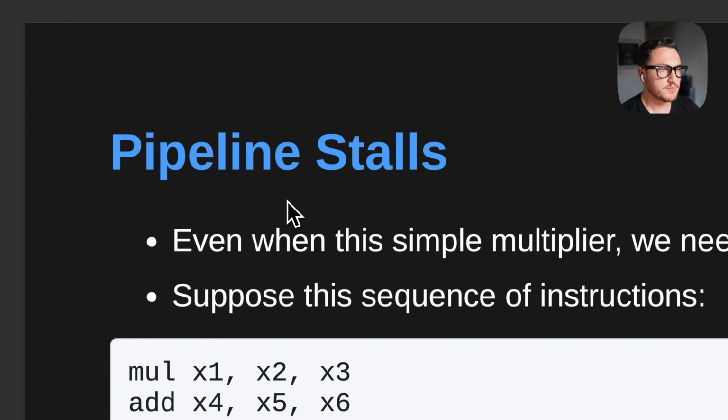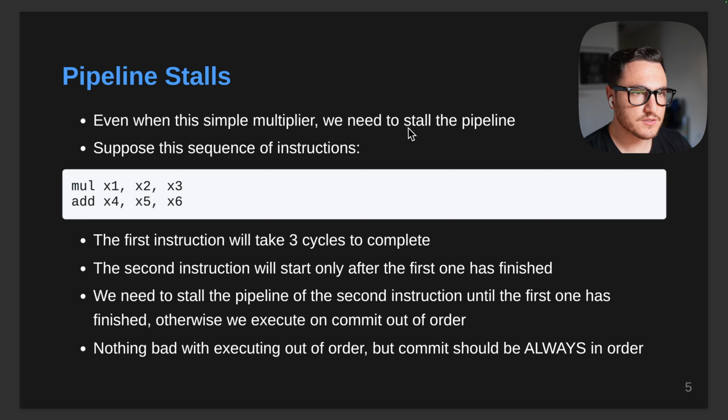So even with this simple multiplier, we need to stall the pipeline. Suppose this sequence of instructions where we don't have any dependency between the two, but still we have the multiplier that takes 3 clock cycles to execute because we have 3 stages of flops inside the unit, and the add that only takes 1 clock cycle.